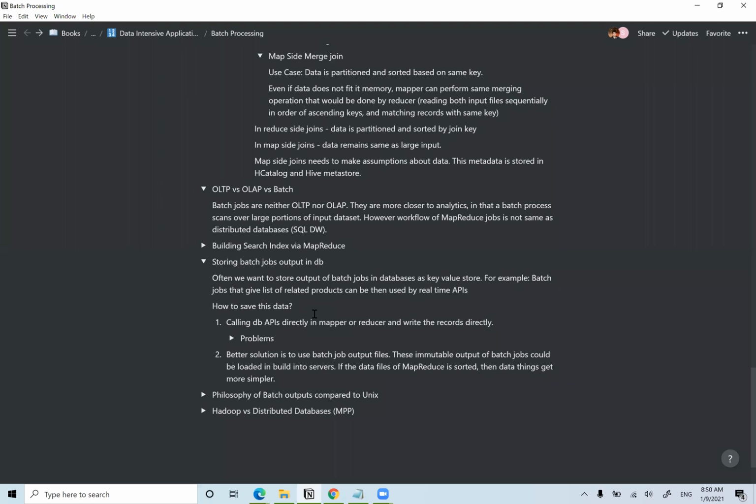Let's say your batch processing job gave you the list of products related to a particular product. Now you have the output of your batch job, and you want to save it in a DB so that you can quickly show a user that for this product, these are the related products.